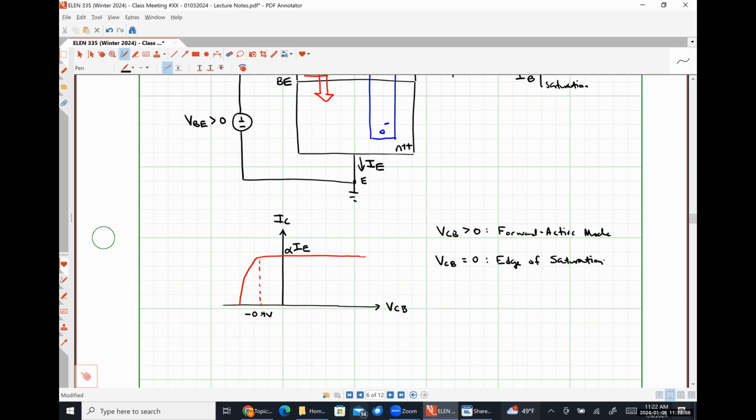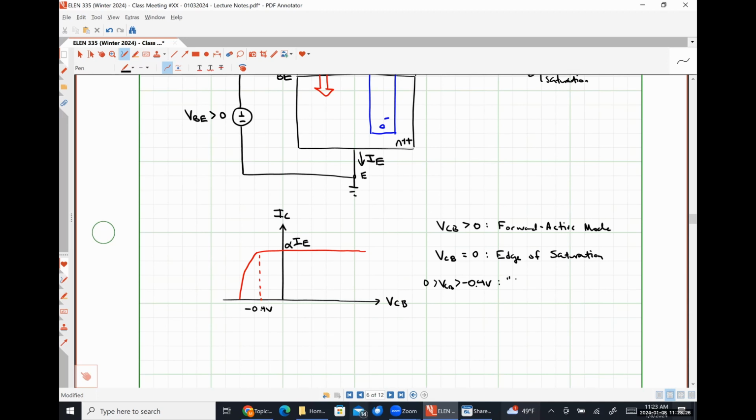And if we look at our plot here, you can see that for small negative values of VCB, our current largely remains unchanged. We'll investigate that here in a moment. We're going to call this region, where 0 is greater than VCB is greater than negative 0.4 volts or so, soft saturation.